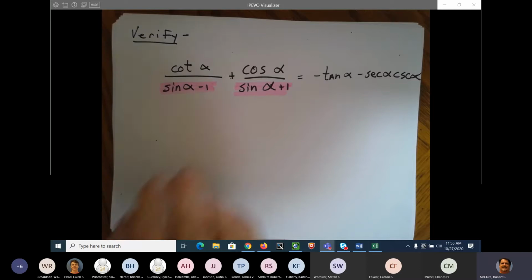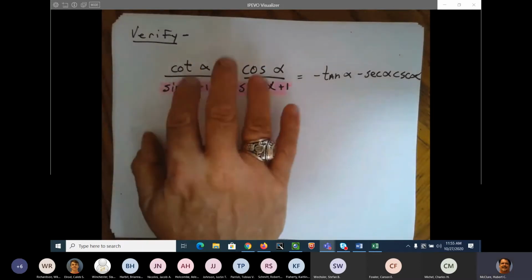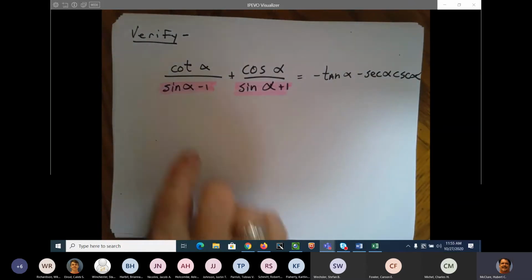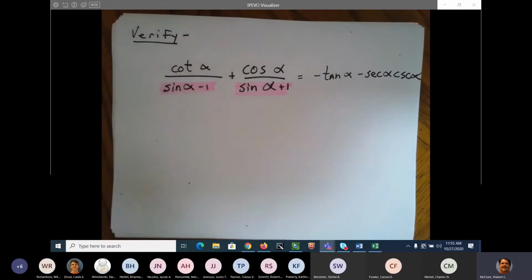So I'm gonna focus on this side because this is the most complicated. So first thing I'm gonna do is get a common denominator, and I'm gonna convert the numerators. Now y'all know how to do that. You've been doing that in algebra for I don't know how long.